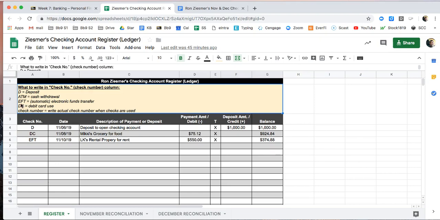And then the EFT is electronic funds transfer. Sometimes you're going to transfer funds electronically. For instance, my wife and I pay a lot of our bills through electronic funds transfer. We have it set up for We Energies, for paying our energy bill, so rather than us having to remember to write out a check on a certain date, it automatically comes out of our account.